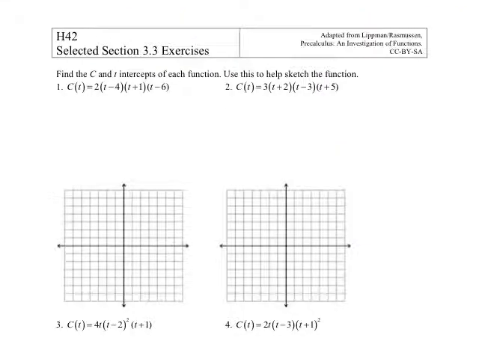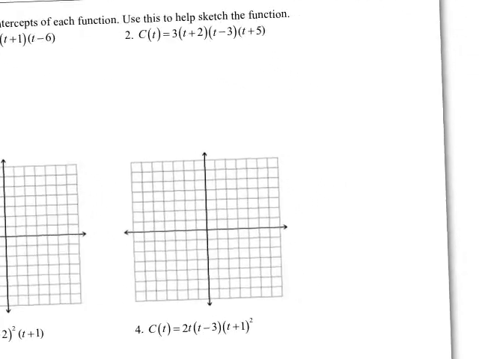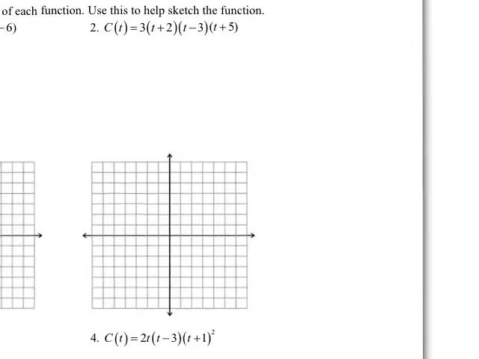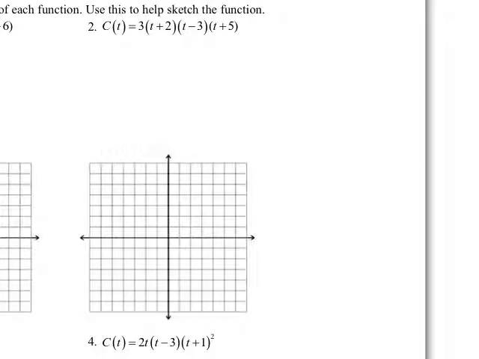Alright, so we're going to start here with problem number 2, which is just a small extension of our previous skill, and it's asking us to find the intercepts and then use that to sketch the function.